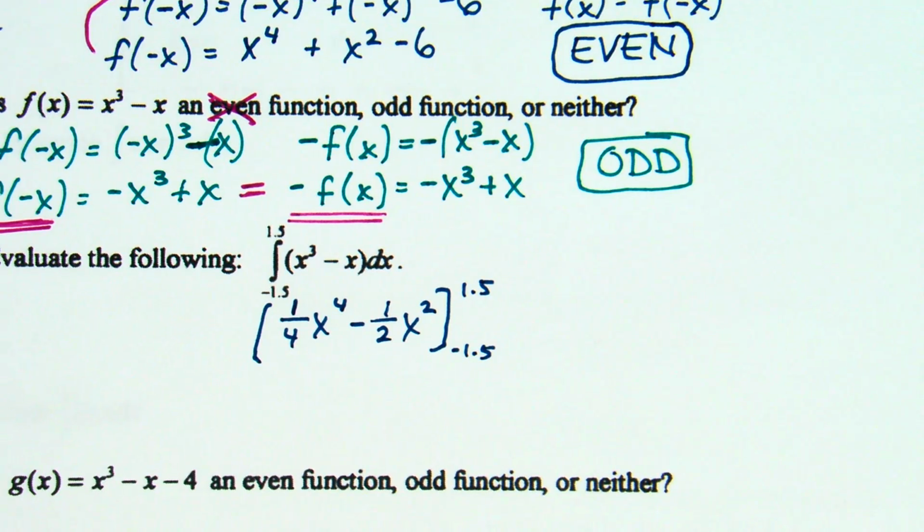Okay, well, here's the deal. The directions say to evaluate. So we want to find the value of this integral. Does it say anything about area? No. We are just evaluating, so we are finding what this integral equals.